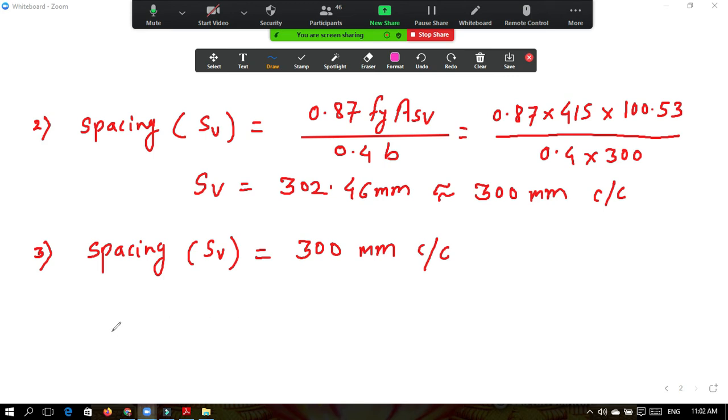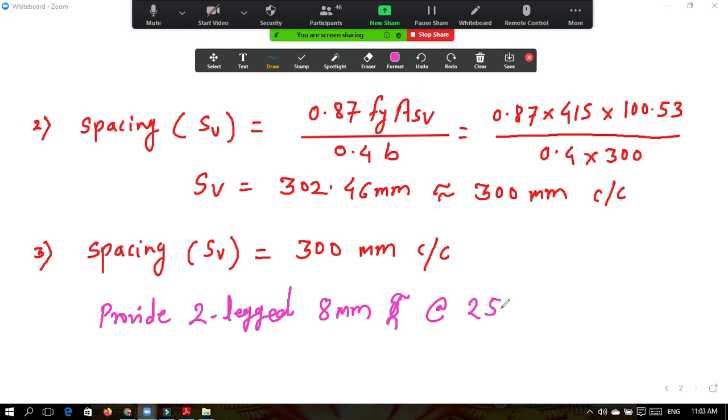So we will write over here: provide two-legged 8 mm diameter stirrups at 250 mm center to center. So this is our shear reinforcement.